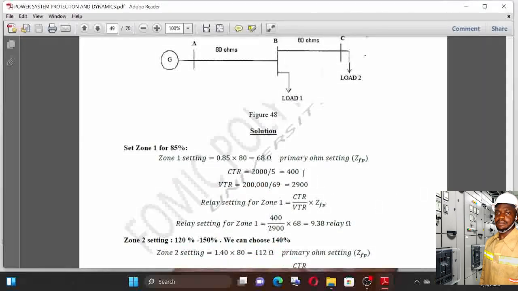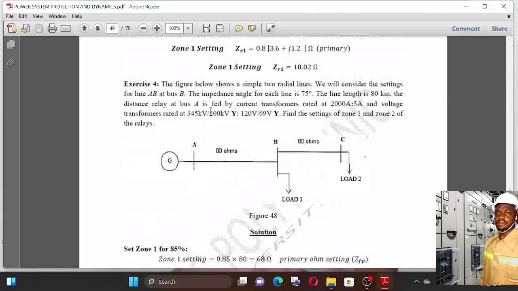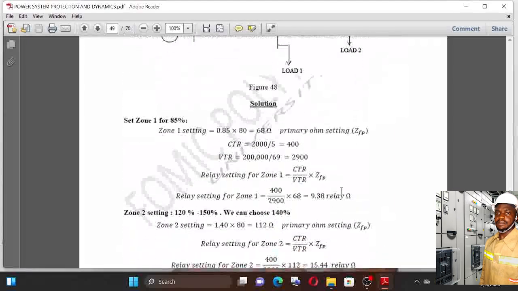The current transformation ratio here was calculated as 2000 divided by 5, which gives us 400, and the voltage transformation ratio is 200,000 divided by 69. As I told you, you either use the primary with this other primary, or this with this other one here. So they utilize 200 kilovolt and the 69 volt here to calculate the voltage transformation ratio. Since you have the current transformation ratio and voltage transformation ratio, you input it here and multiply. So you have 9.38. That's the zone 1 relay setting.